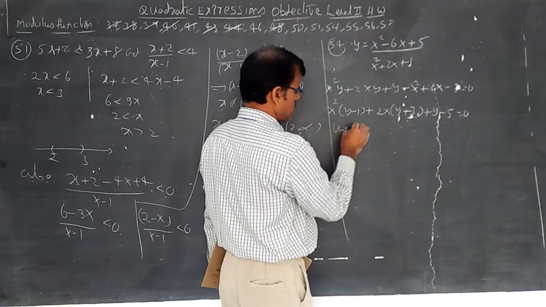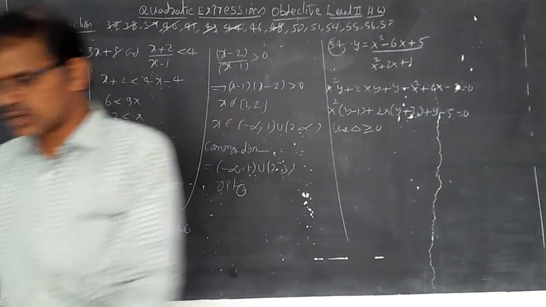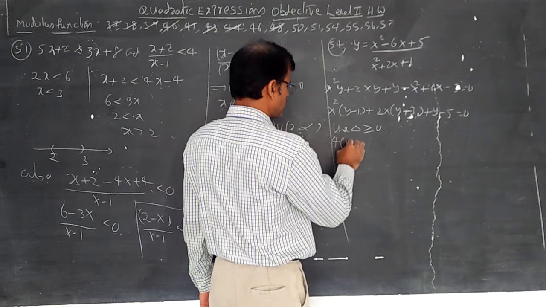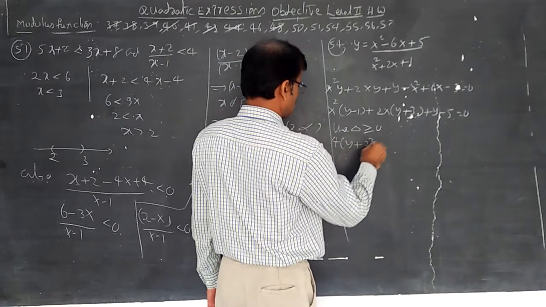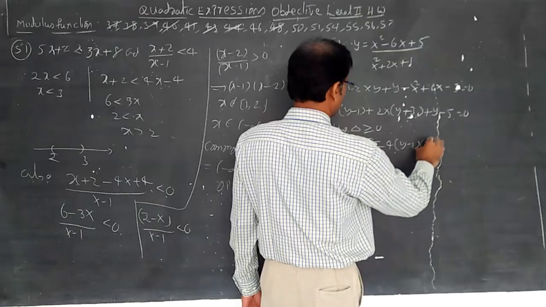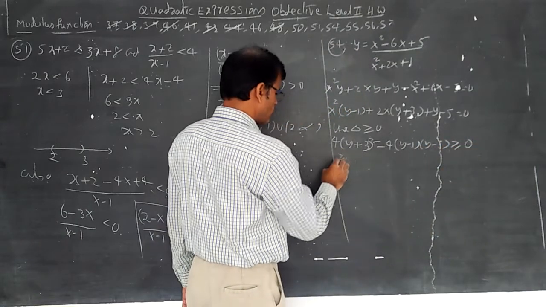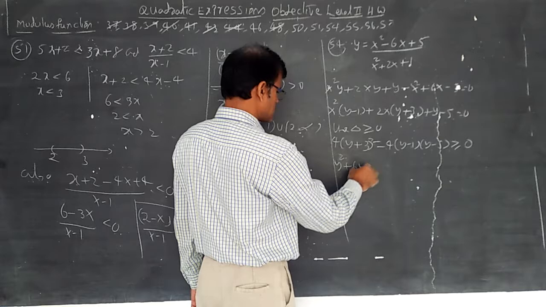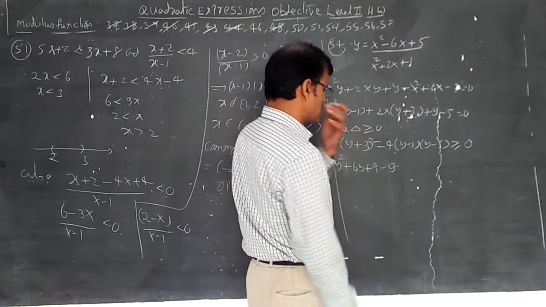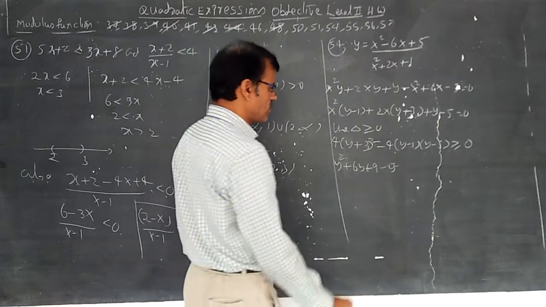Whenever x belongs to R, use delta greater than or equal to 0. Then it becomes 4 into y plus 3 whole square minus 4 into y minus 1 into y minus 5 greater than or equal to 0. Divide with 4: y square plus 6y plus 9 minus of y square becomes minus y square minus 6y plus 5.